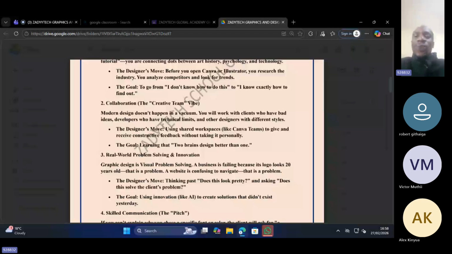I'm not saying that you cannot do it individually. You can, but working in a team helps you improve even your individual designing. Yes, it helps you to sharpen, to have confidence, and to have new perspectives of different designs. For example, you are working on a logo. Robert comes with an idea that we should do this.